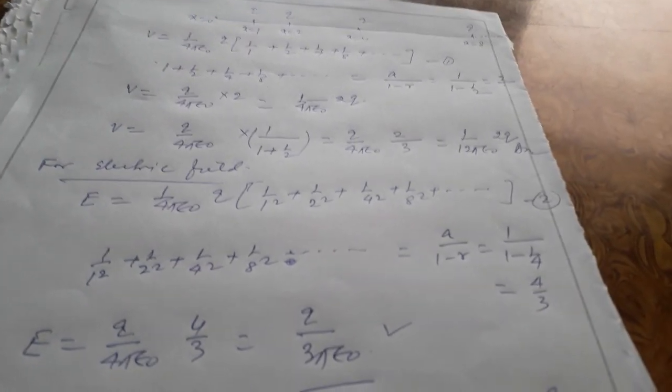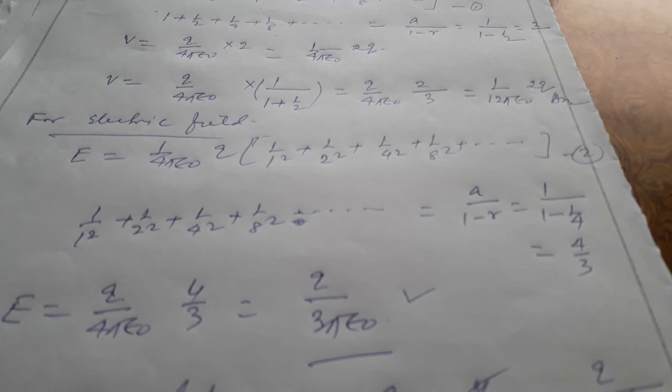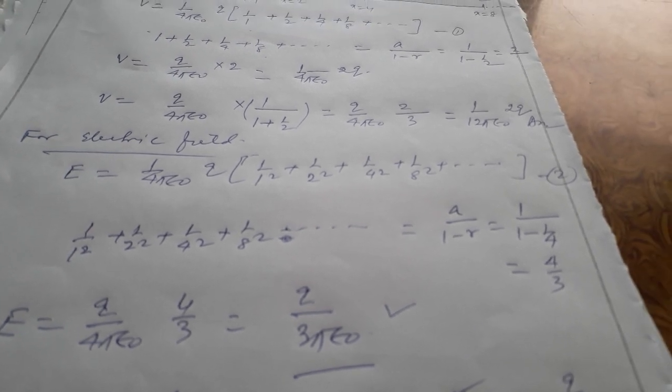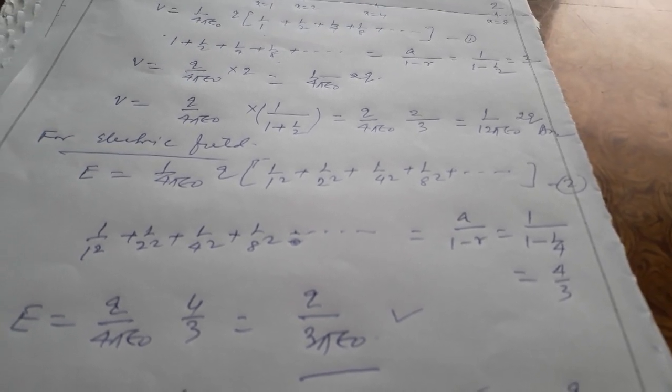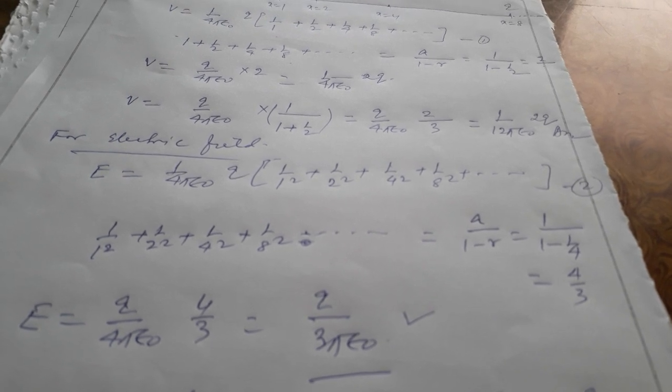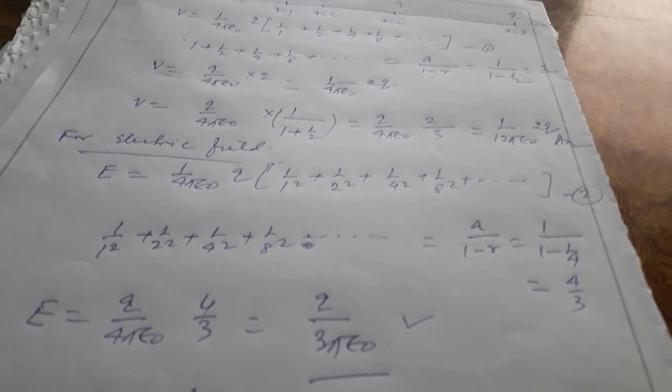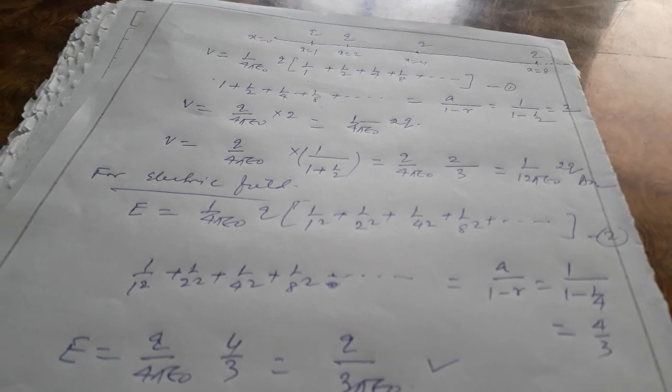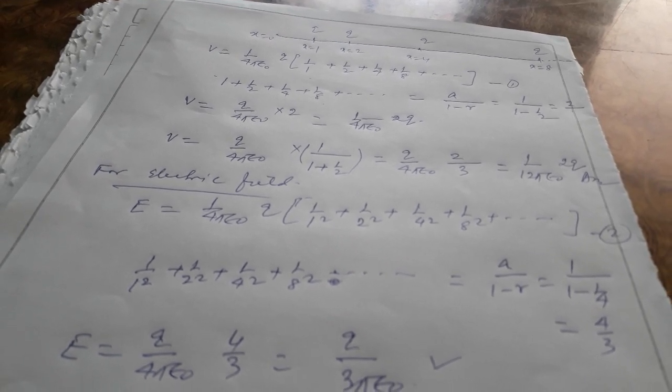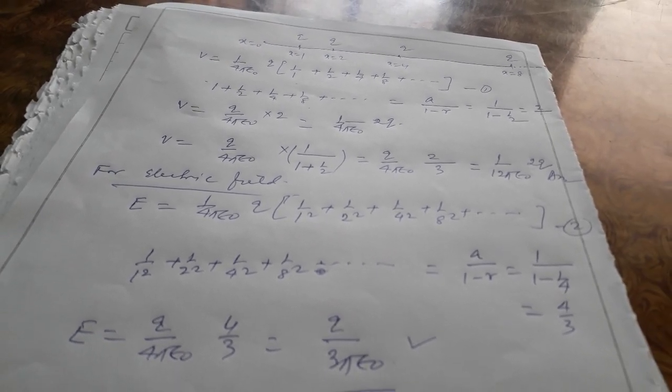So go through it, try to understand the concept, and utilizing this concept you will have to solve some more problems. Try yourself. Until then, enjoy with some numerical problems. Thank you very much.